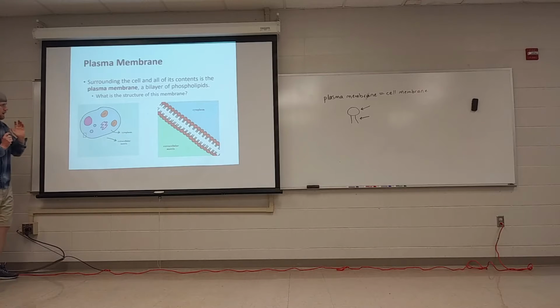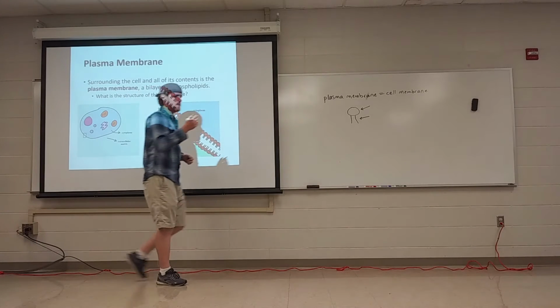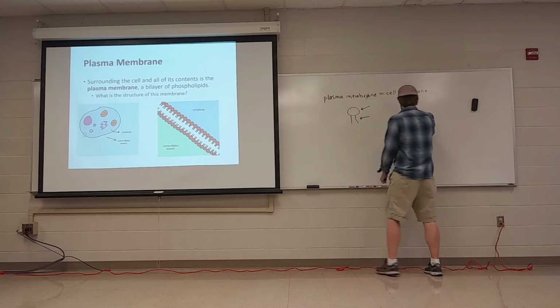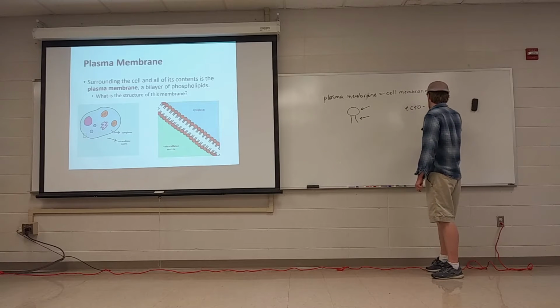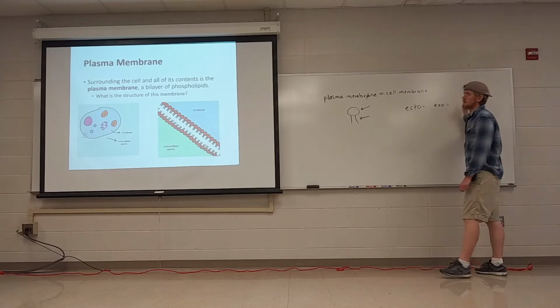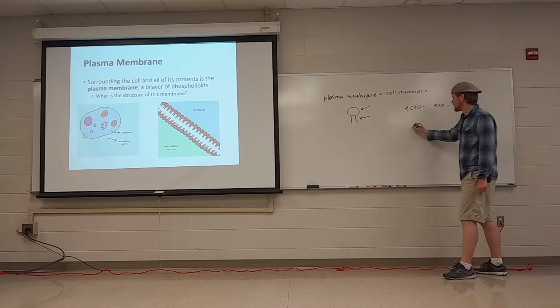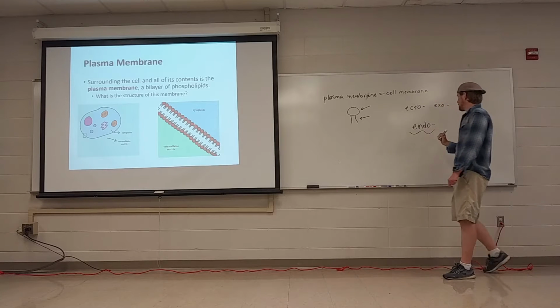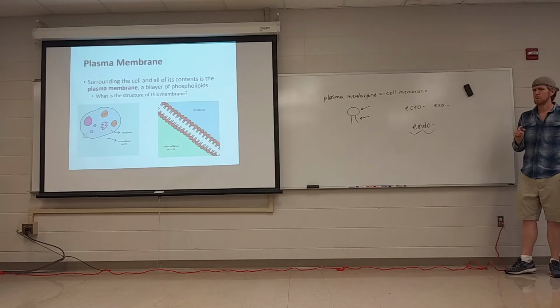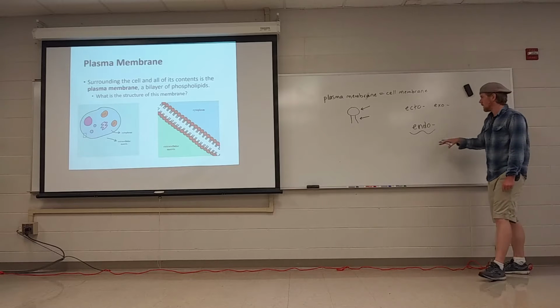And outer, right? Outside, outer, one of the prefixes for that is ecto or exo. That's where the word exit comes from. The opposite of that, inside, is the prefix endo. That's where the word enter comes from.